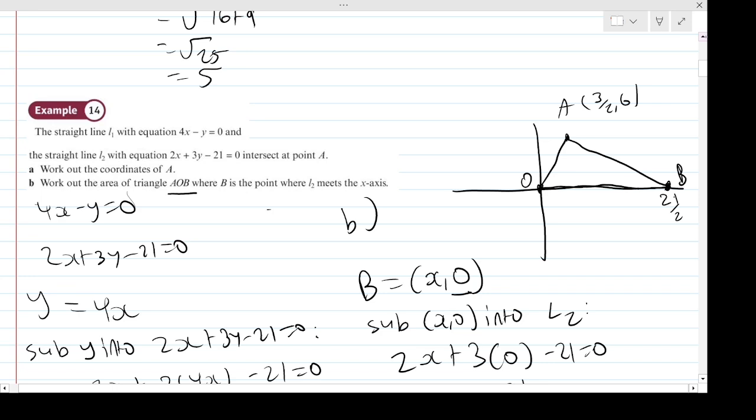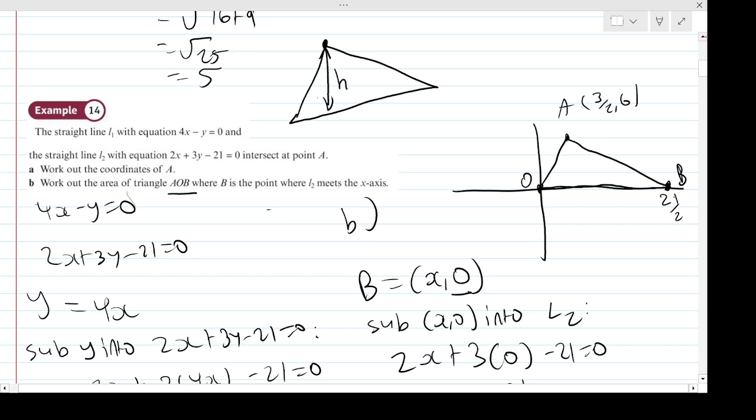So, the area of triangle AOB. In general, to work out the area of a triangle, say any typical triangle ABC, we can work out the vertical height, the perpendicular height, which is straight down from the top to the base.